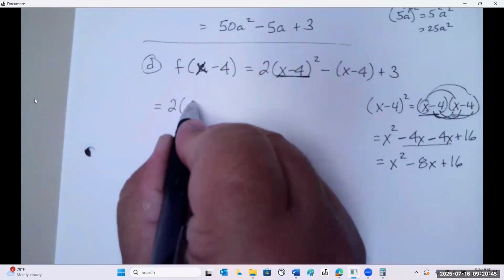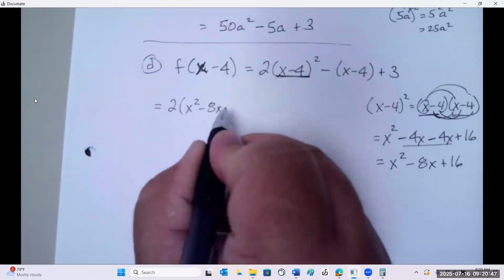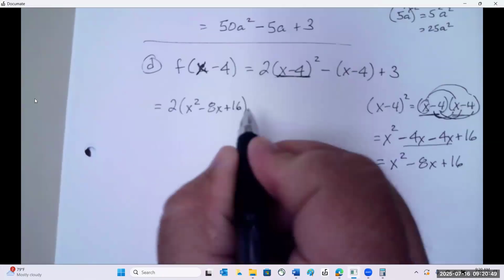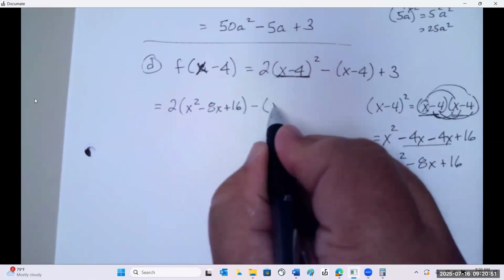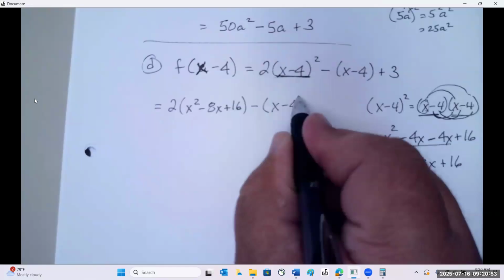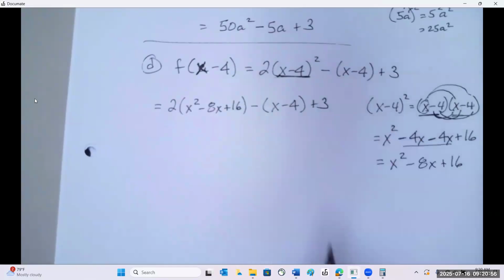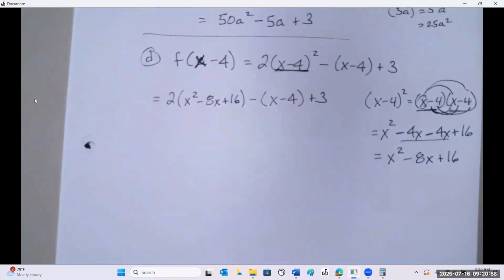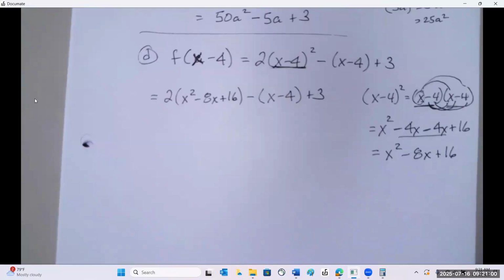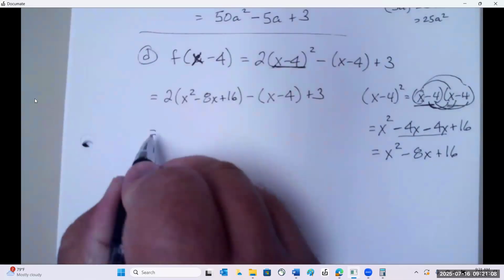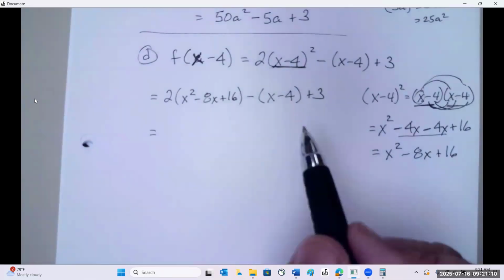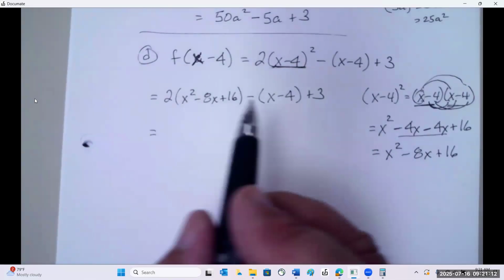So that's what this whole first thing equals. 2 times x squared minus 8x plus 16, minus x minus 4, plus 3. After we finish this section, we'll go through all the properties. Any special operations? No. So we do multiplication.